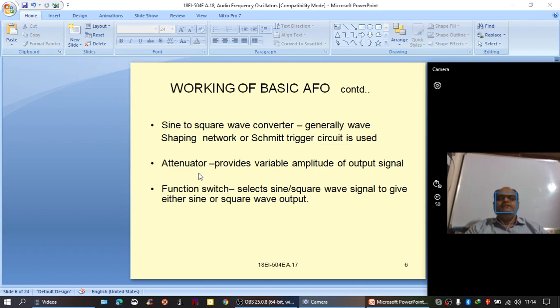Then attenuator. It provides for variable amplitude of the output signal. Then function switch. It is used to select either sine wave or square wave to give either sine wave or square wave output.